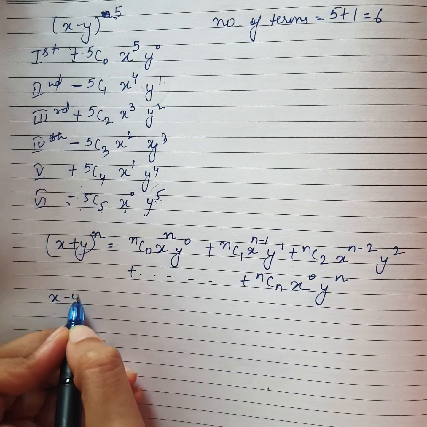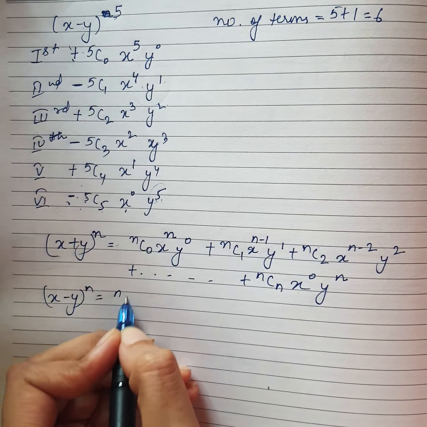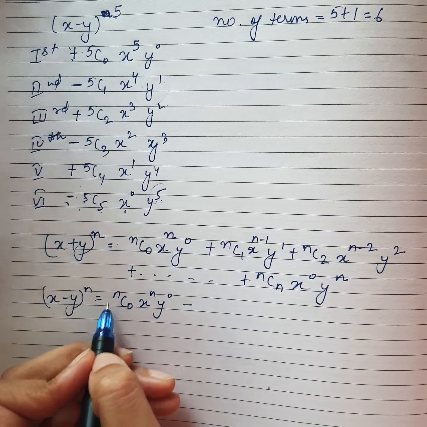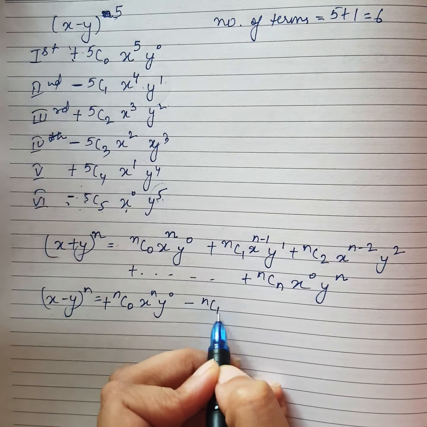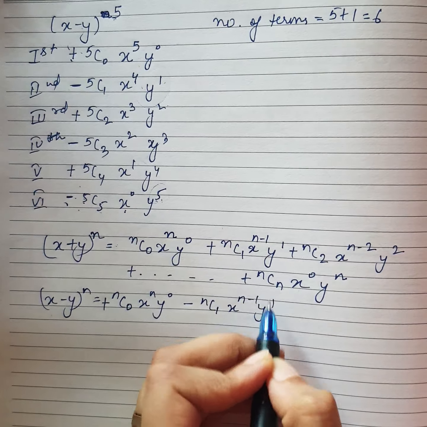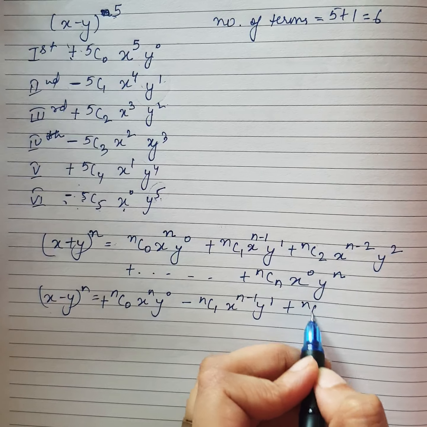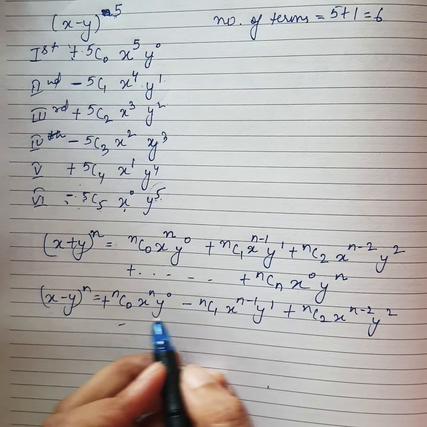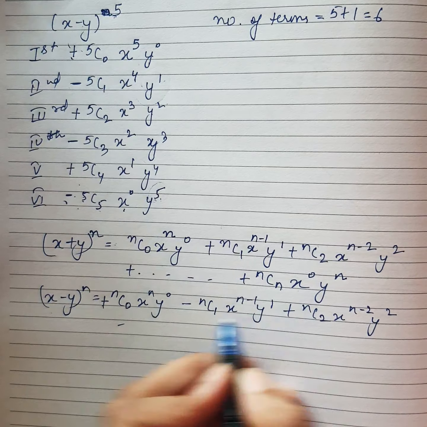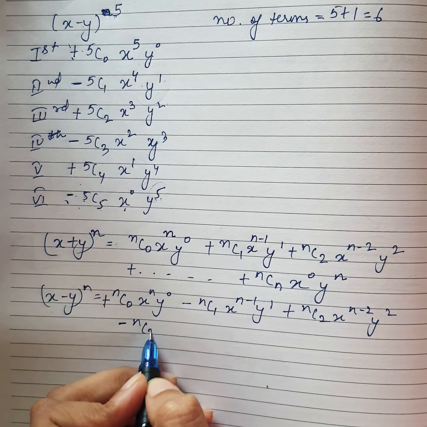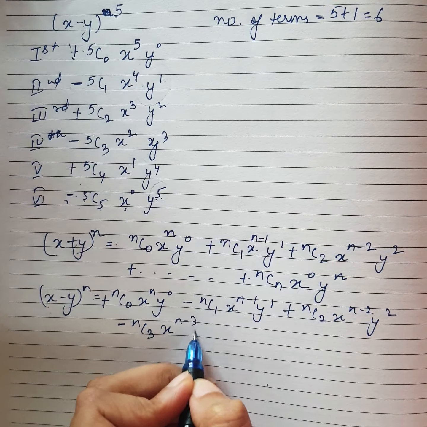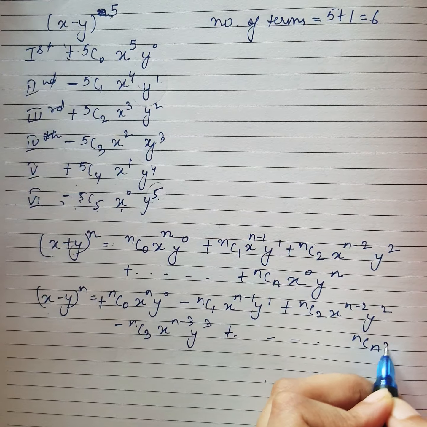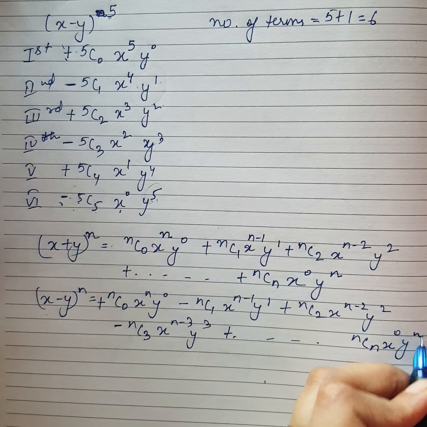Same for negative, we can write nc0, x to the n, y to the 0. All terms will remain the same, but the first term is positive, so the second is negative. I am copying down exactly the same from here. y2, plus minus plus, next term will be minus. I am adding one more term, n minus 3, y3, then plus ncn x0 yn.